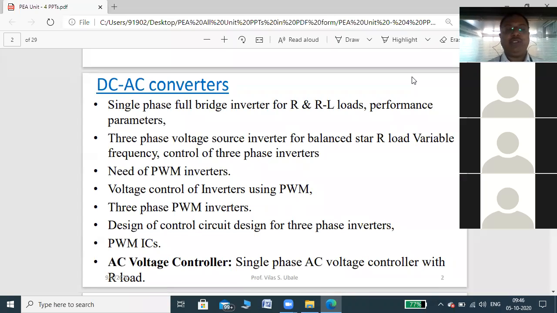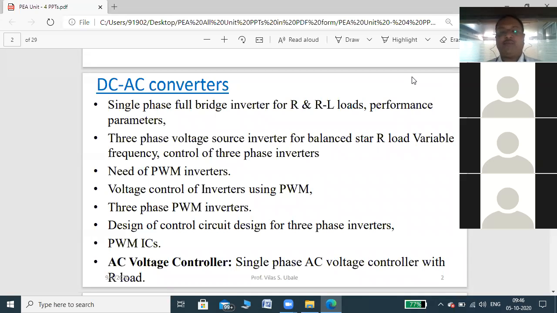When we saw AC to DC converters, if alpha is greater than 90 degrees, the power is delivered from load to source, so that rectifier or converter also works as an inverter in that particular situation, right? So an inverter, a DC to AC converter, has a DC source as input, either from a battery or from a rectifier circuit.